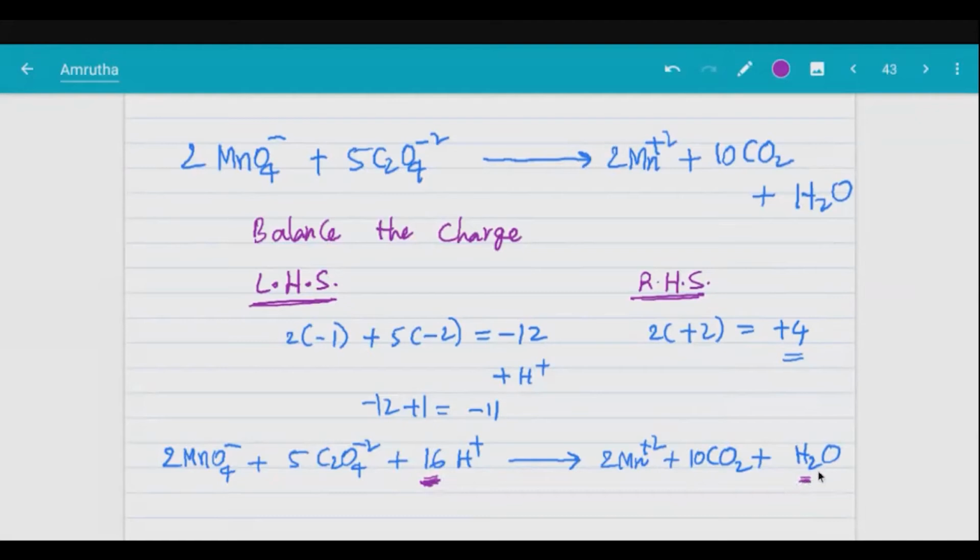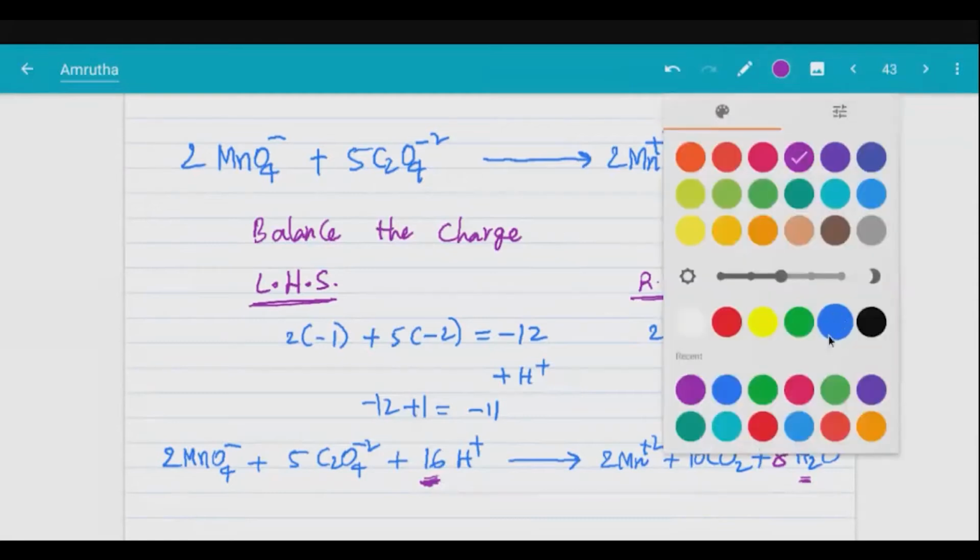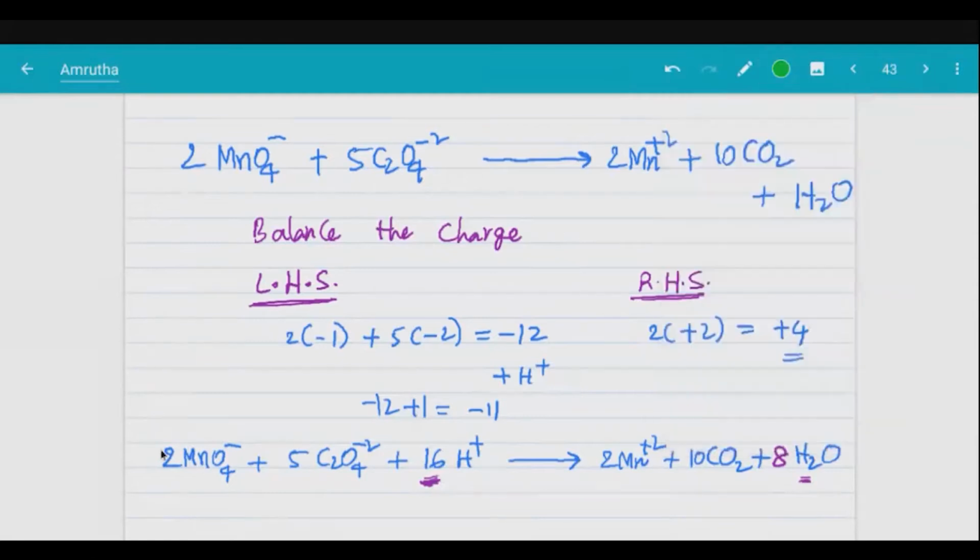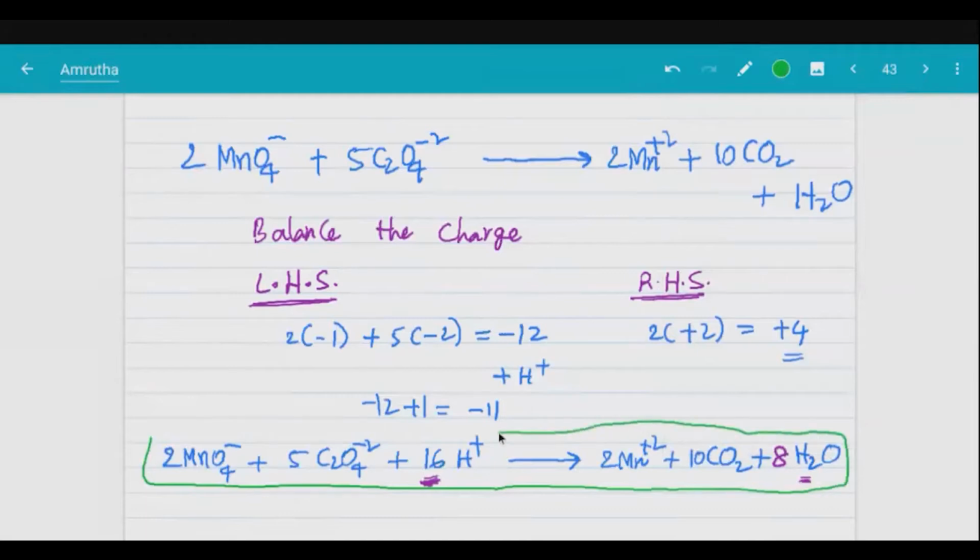Already 2 are present, so I'm multiplying with 8. Now oxygens, hydrogens, just check everything is getting balanced. This is the final equation, right? Everything is balanced. Mn, you check, no? Oxygens, hydrogens, everything is balanced.